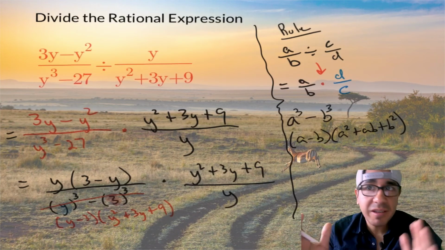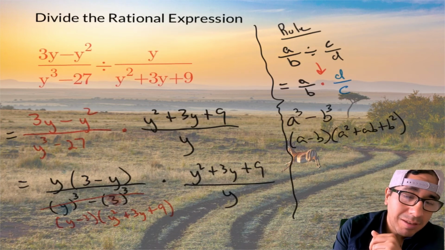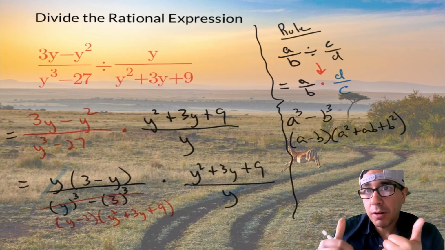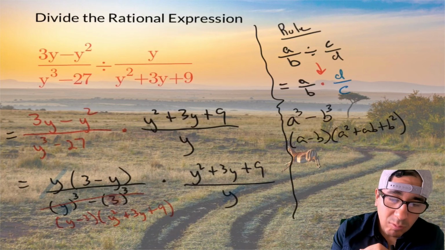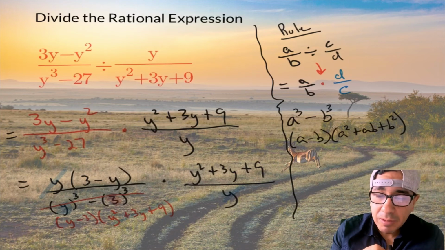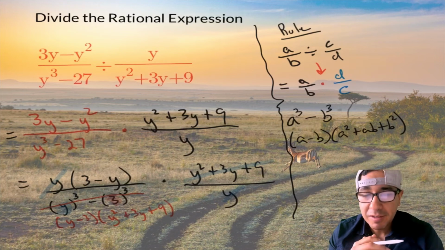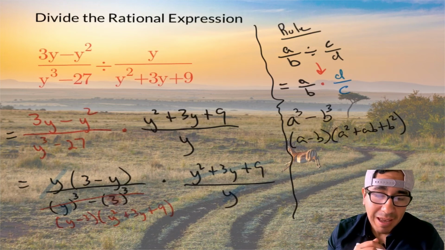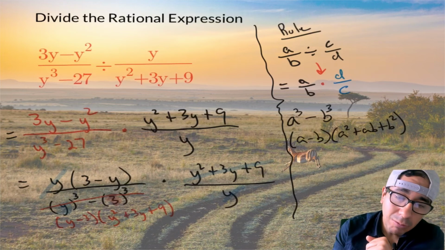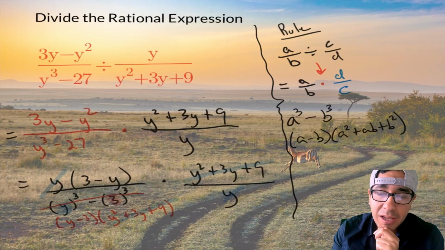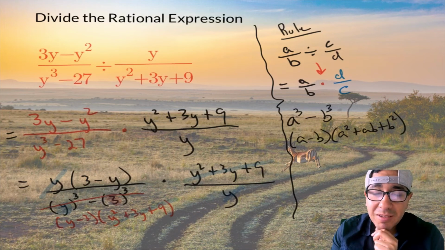The order doesn't matter. So this y will cancel with this y, perfect. This y squared plus 3y plus 9 will cancel with this y squared plus 3y plus 9. Excellent. And here, what we're left with is 3 minus y and y minus 3.